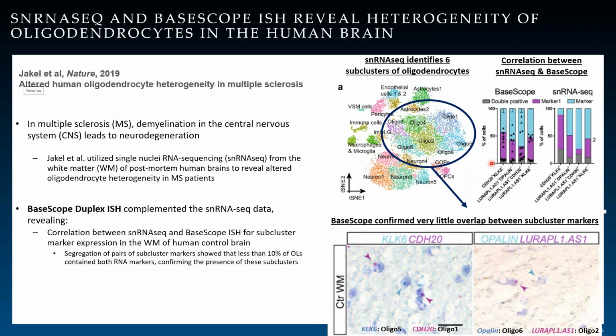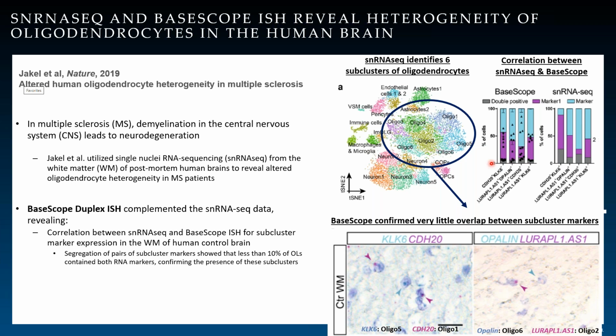Next, I want to bring your attention to a very seminal paper that was published in Nature last year, where they utilized single nuclear RNA sequencing to study the different subpopulations of oligodendrocytes in MS brain. MS, as you know, is a disorder caused by demyelination of neurons and which leads to neurodegenerative disorder.